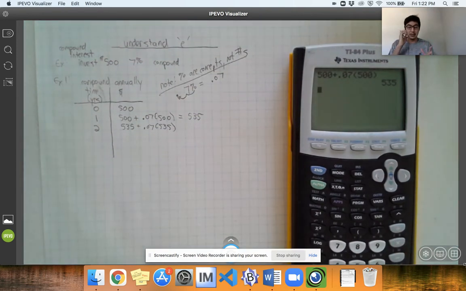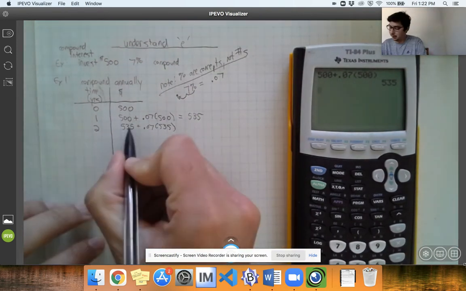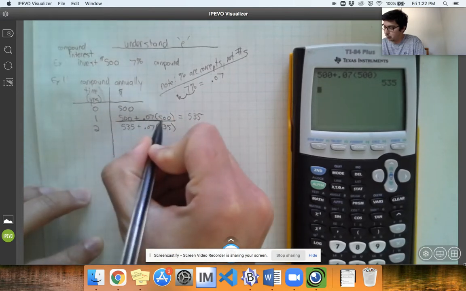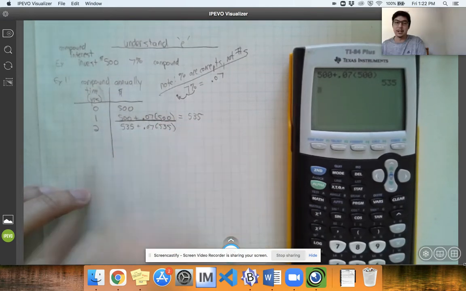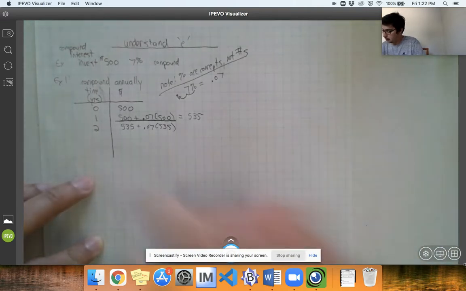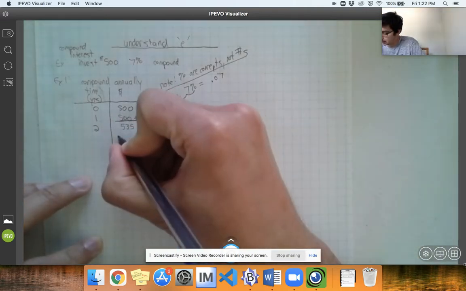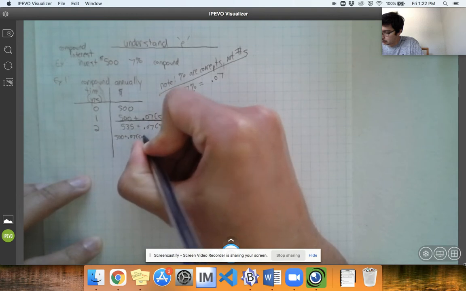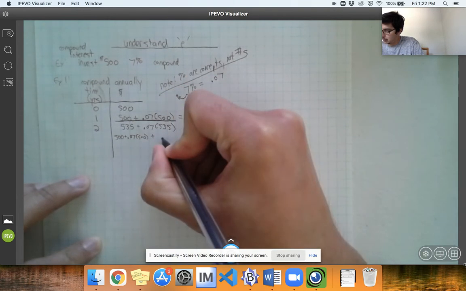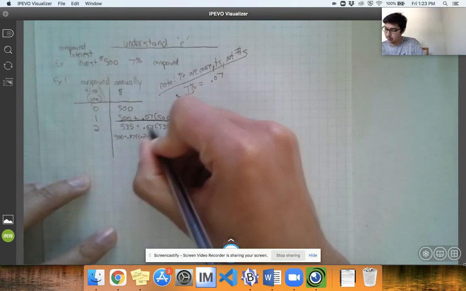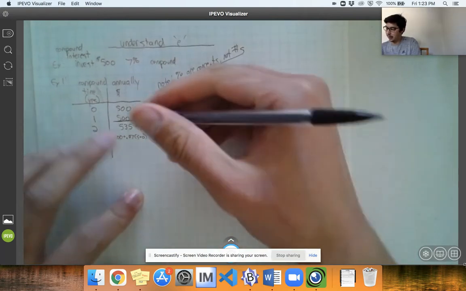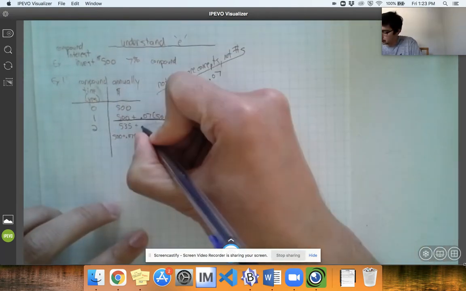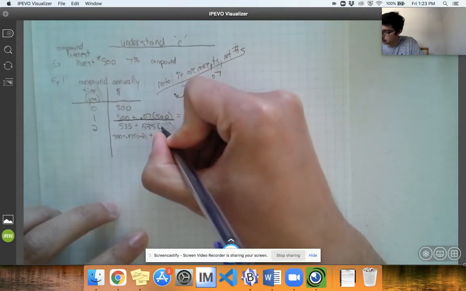But to help you see a pattern, and because we're building a formula, instead of using 535, I'm going to use this right here to substitute that in. So instead of 535, I'm going to rewrite this as 500 plus 0.07 times 500 plus, and then we have, if I switch the order on these two, 535 times 0.07.